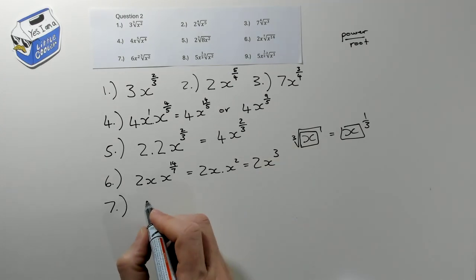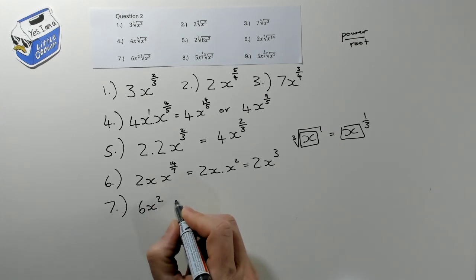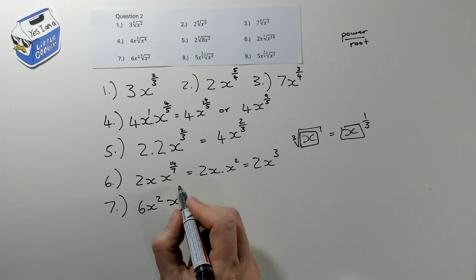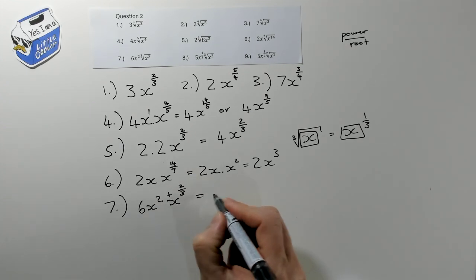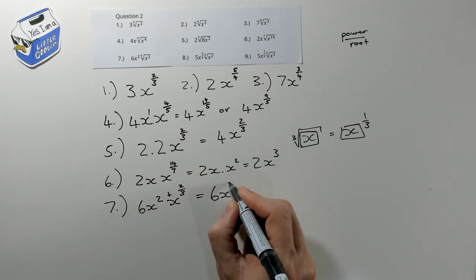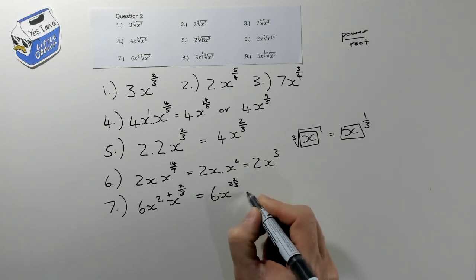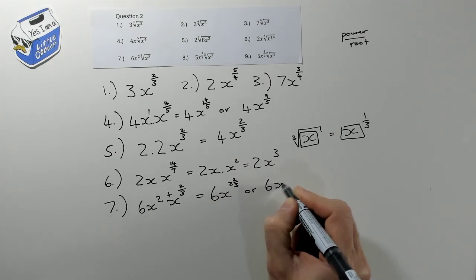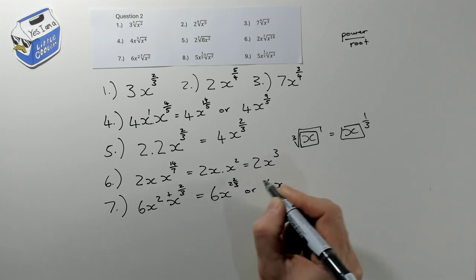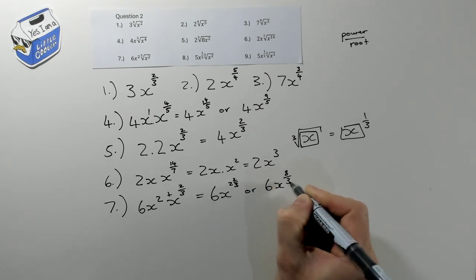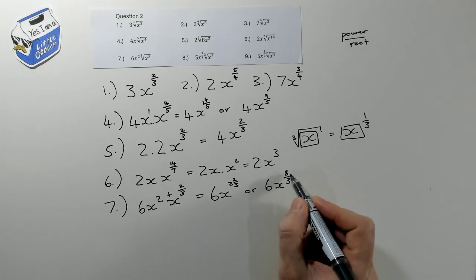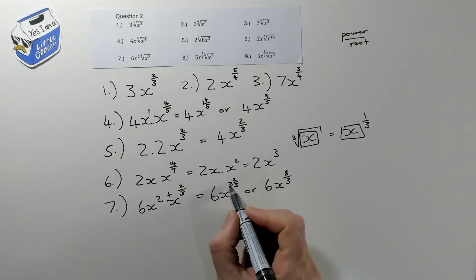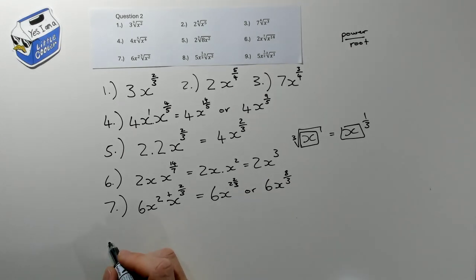And for 7, I have 6x squared, and then I have an x with power over root, which is 2 over 3, and I would basically just add them, so it's 6x to the 2 and 2/3, or 6x to the 8/3. Either or, it doesn't really matter. This is probably more readable, I guess, but either or.